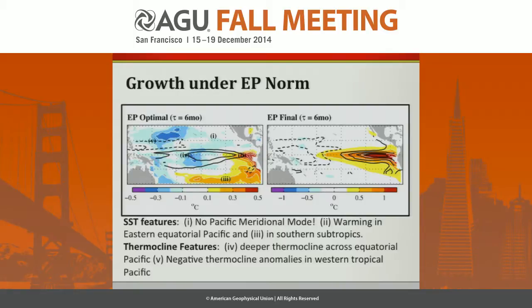To a certain extent, we see some warming in the Southern Ocean as well. I do not yet know how robust that is, based on just playing around with the number of principal components and so forth, but it does appear here. The other thing that appears to be robust is that a deeper thermocline across the Central Pacific is a precursor to the East Pacific ENSO event, as well as a shallow thermocline in the off-equatorial Pacific.